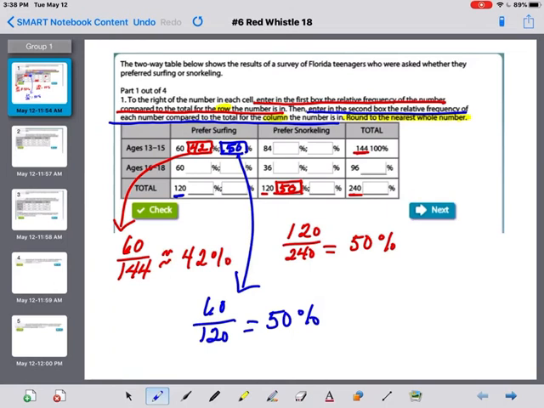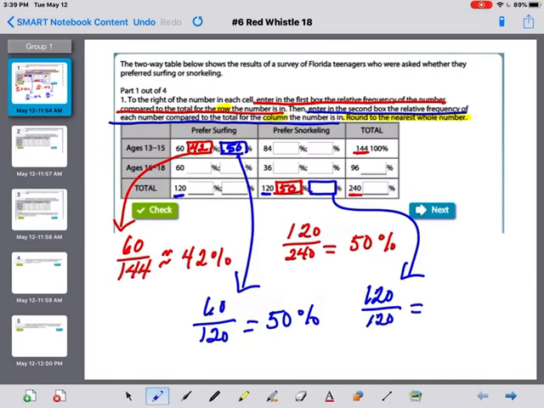All right, let's take a look at one more. Let's say I go back and finish off that box on the bottom. For this one, the number in that box is 120, and again, I want to divide that number by the total for that column. The total for that column is 120.